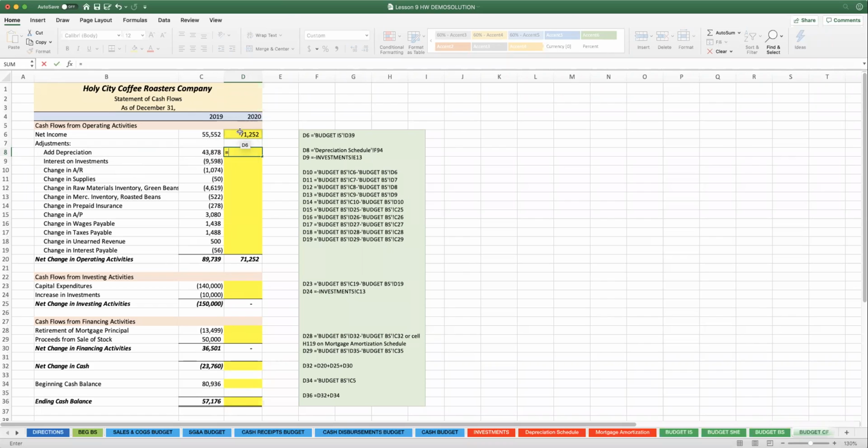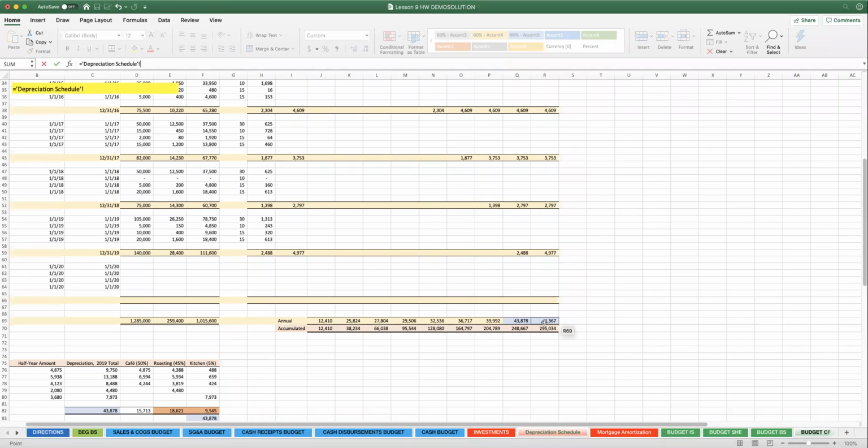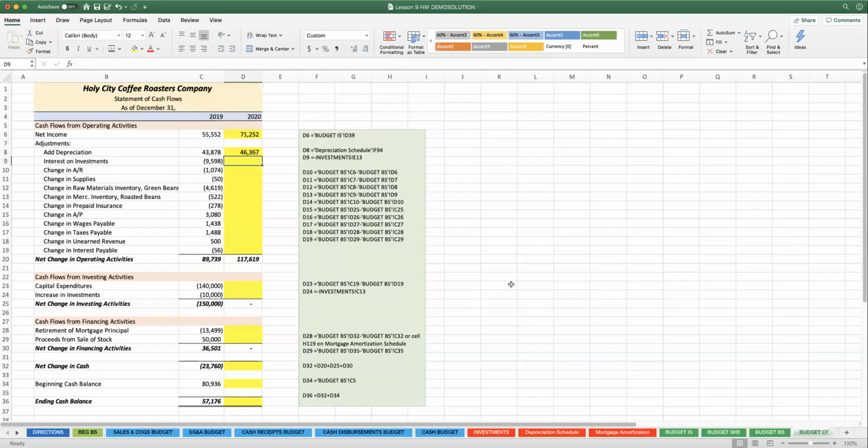So we're going to add it back because depreciation is an adjusting entry. It's not a cash-related entry. We're going to go over to the depreciation schedule and get the whole amount, which is right there, because that's not a cash flow. And that's for the entire year for all depreciation.